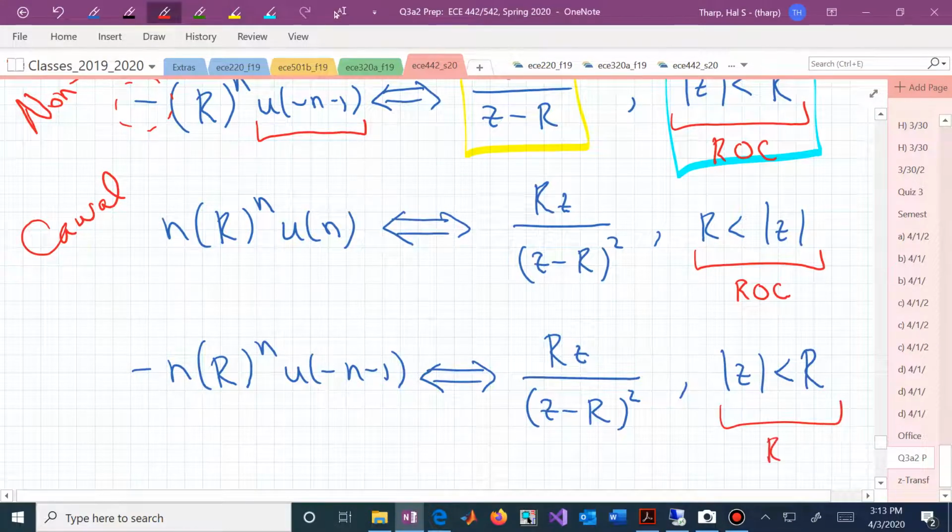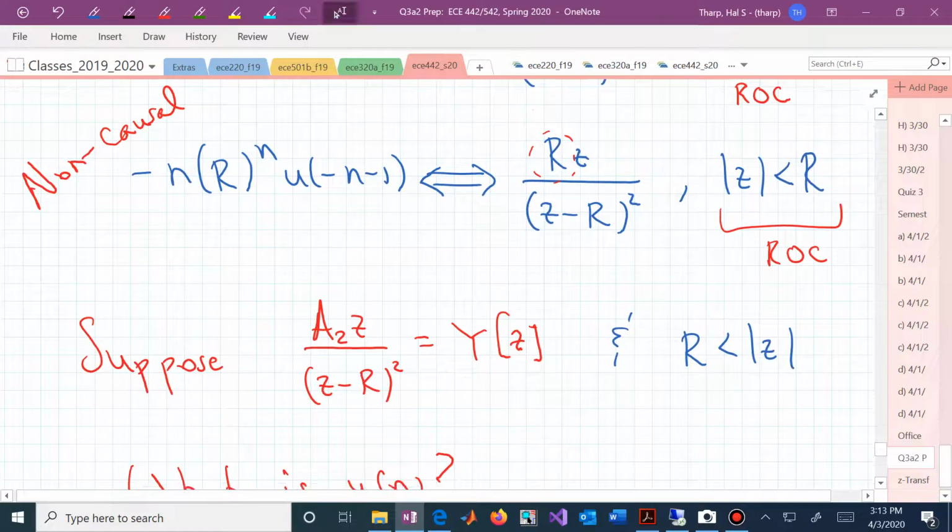This region of convergence says I have a disk for my region of convergence interior to my smallest magnitude pole. I have a repeated pole factor. Remember it's a little bit different. There's now this r in the numerator, but you can adjust for that, as we will illustrate.